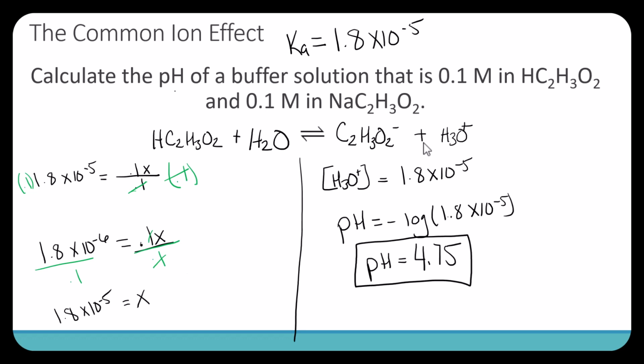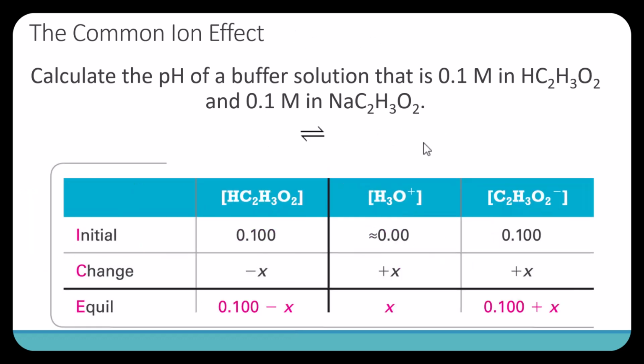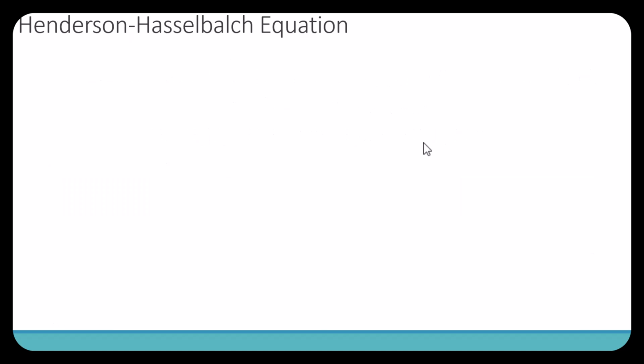Only for buffers. So as long as we can assume that x is small, and it will be in this chapter, the approximation is valid, and we can use an equation known as the Henderson-Hasselbalch equation.